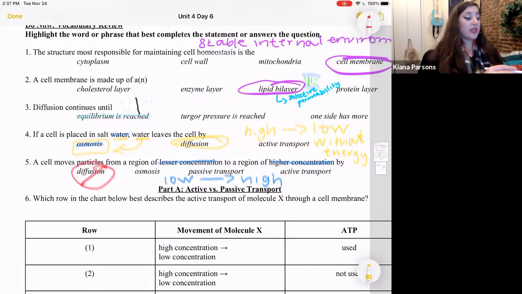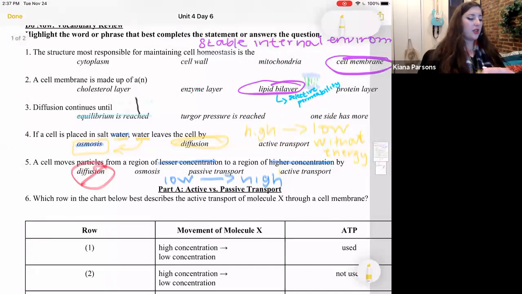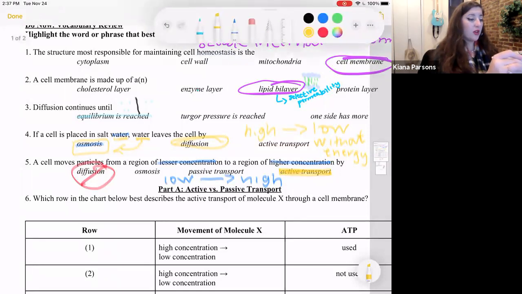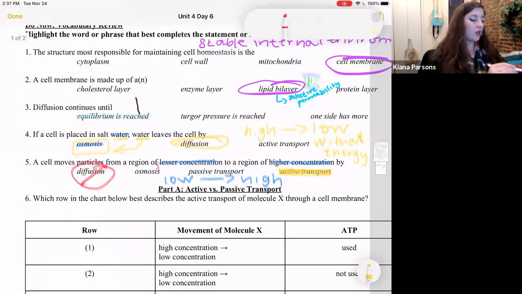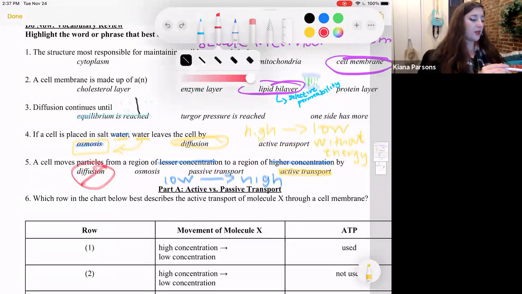And we can assume, because it's going from low to high, that it needed energy. So our answer is active transport. And also, obviously, osmosis and passive transport all also go from high to low. Let's cross it like that.